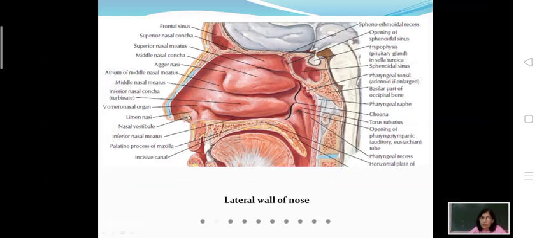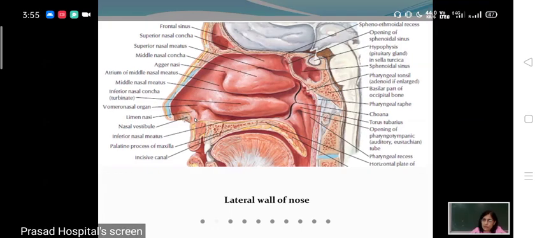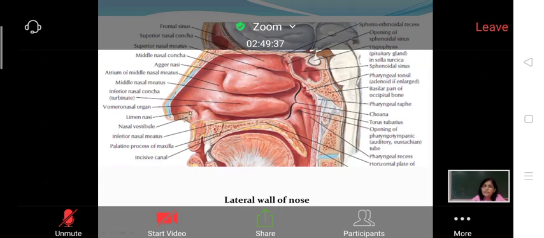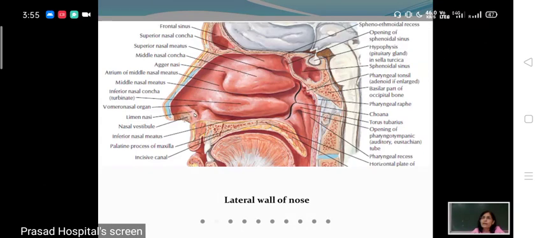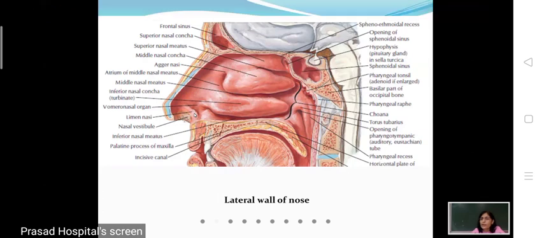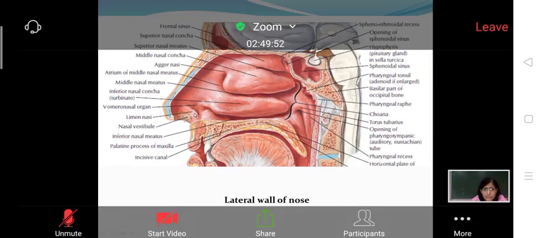Because this is lined by skin, it will have sebaceous glands and very coarse hair in it. These coarse hair will trap the bigger dust particles. So they are protective to us.